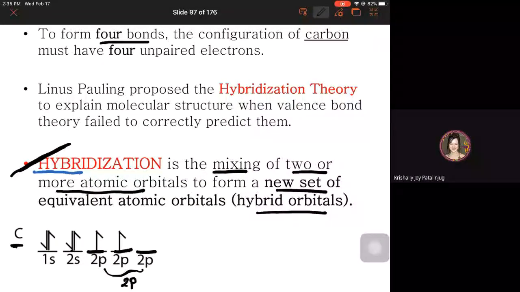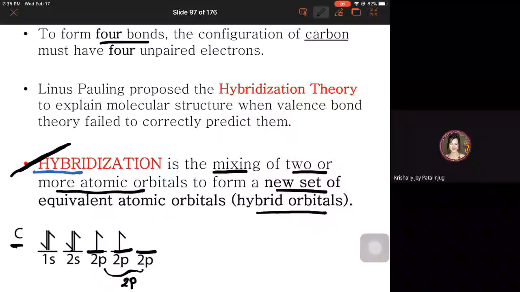Magmimix tayo ng 2 or more atomic orbitals, depende sa kailangan natin, para makabuo ngayon ng new set of atomic orbitals. Okay? So, for the case of methane, ilan ba yung kailangan na bonds to form a stable molecule?